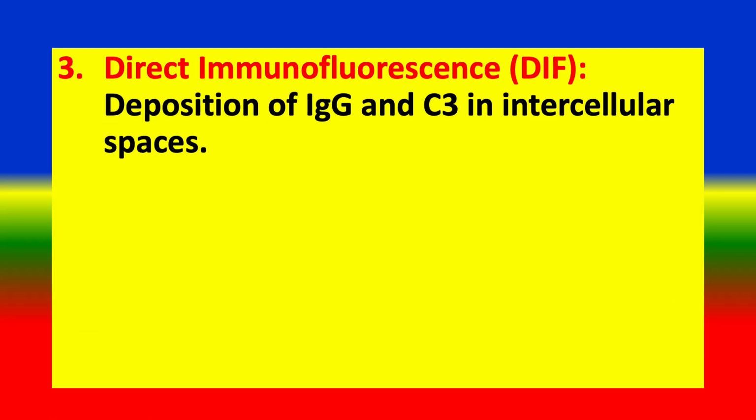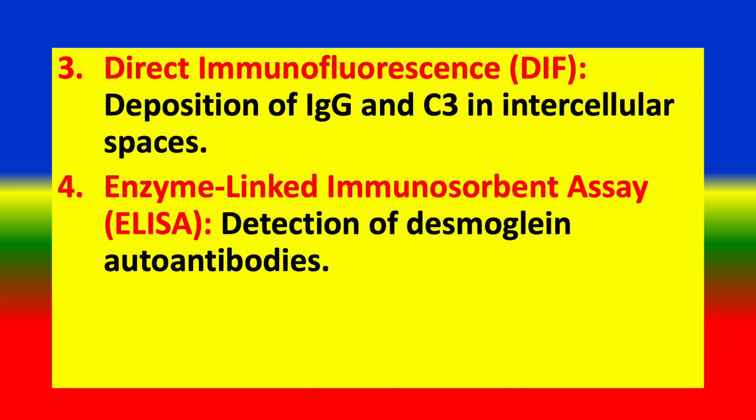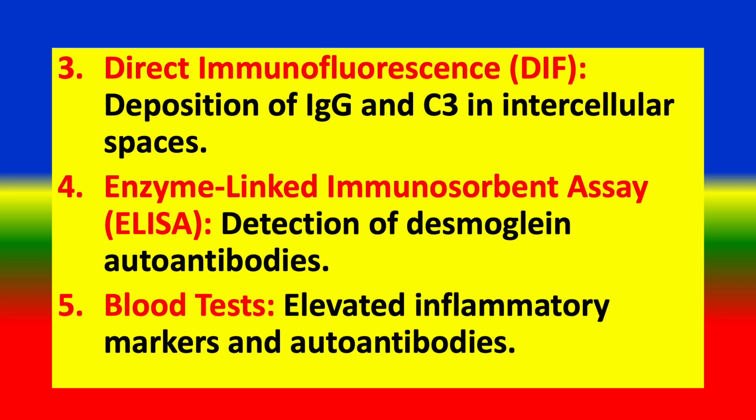Direct immunofluorescence, DIF, deposition of IgG and C3 in intercellular spaces. 4. Enzyme linked immunosorbent assay, ELISA, detection of desmoglein autoantibodies. 5. Blood test, elevated inflammatory markers and autoantibodies.